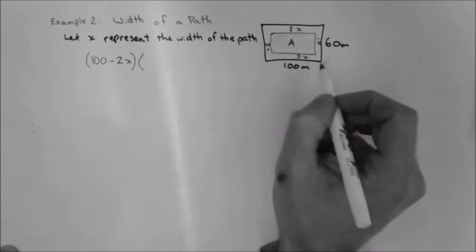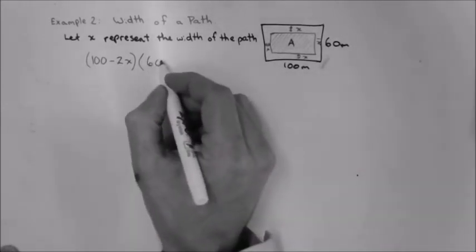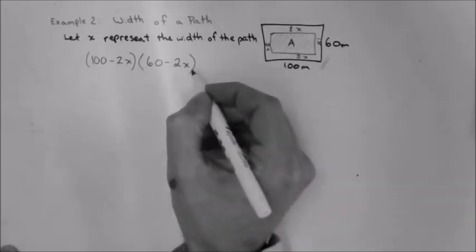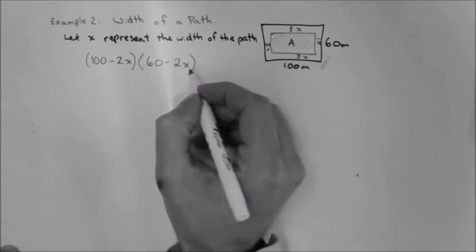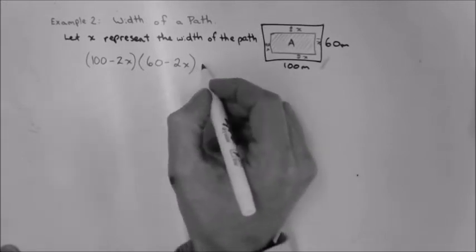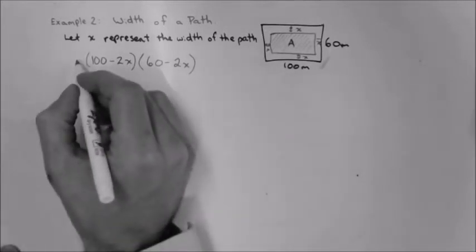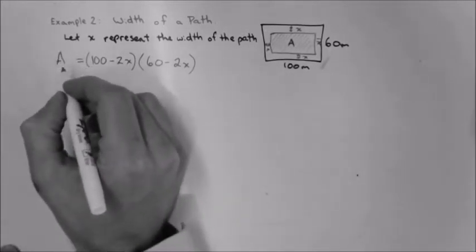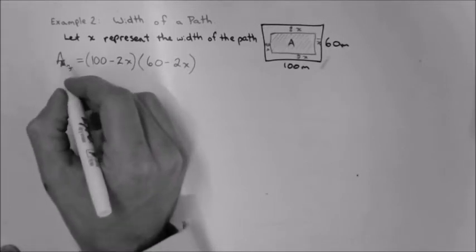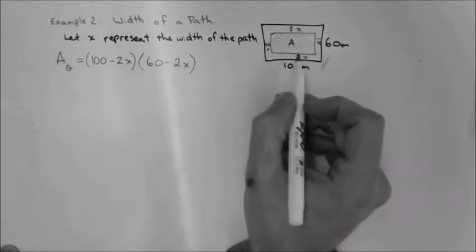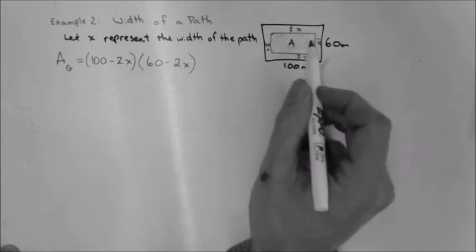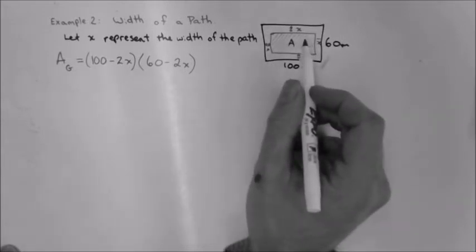And the depth of the park is 60 minus 2 times the width of the path. This is now a formula that gives us the area of the grass. So this is the area of the grass after the path has been installed.